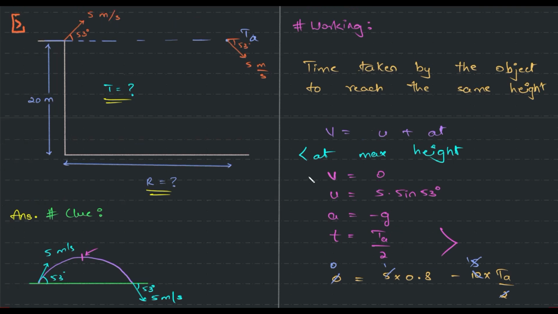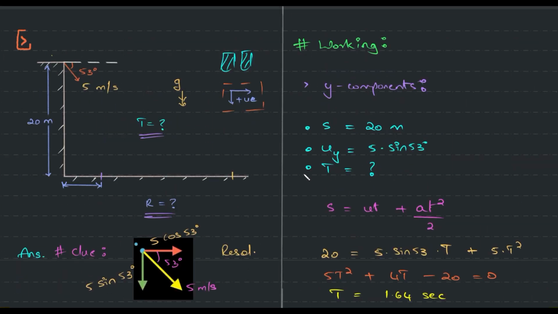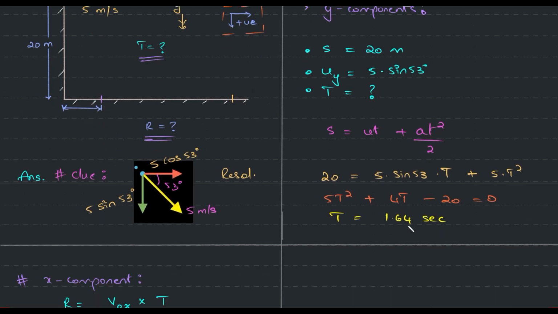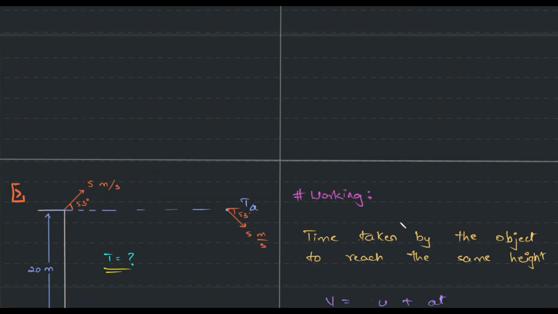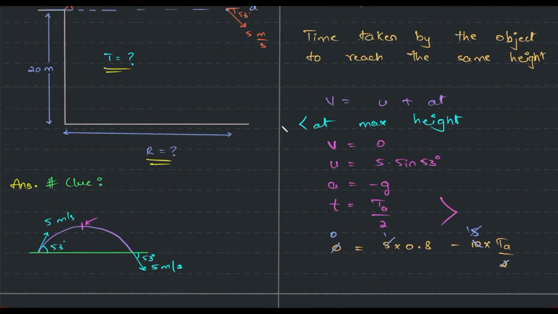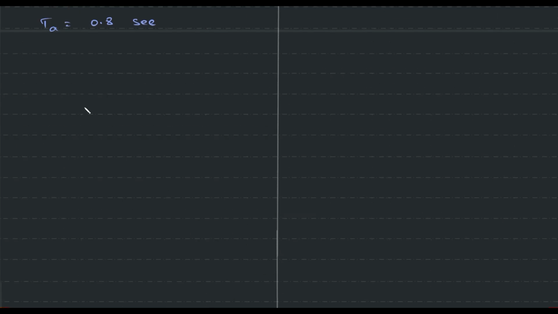And for the remaining journey, it's the same calculation as this. Okay. So from TA to the ground, time from point A to the ground.